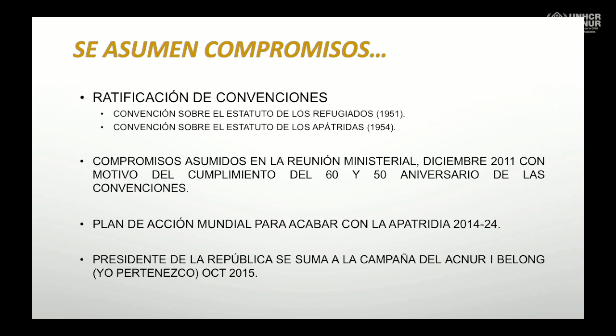It has also been committed to all of the meetings and anything related to refugees and stateless persons. The plan of Brazil, Cartagena plus 20, Costa Rica has always been supporting these activities, and it is the first country that is participating in the I Belong campaign. The President of the Republic was already talking a couple of years ago about being part of this campaign.